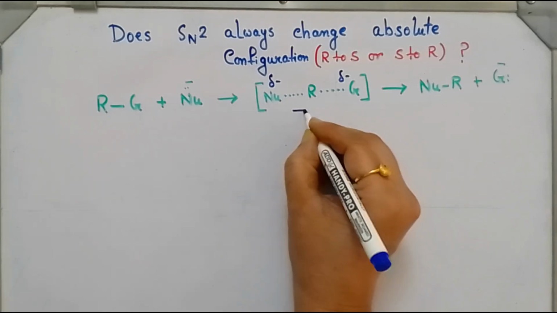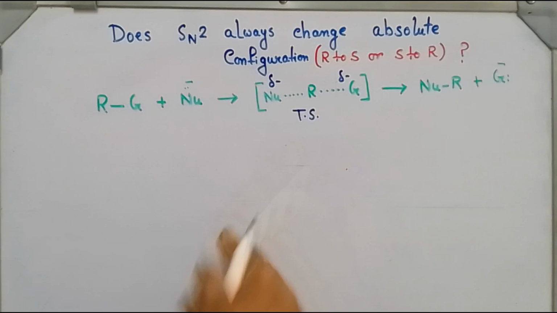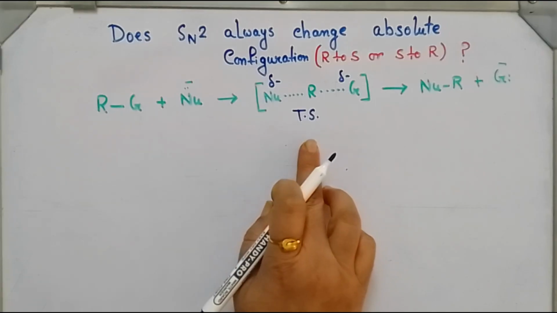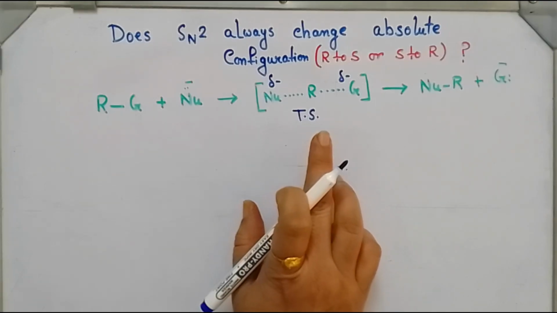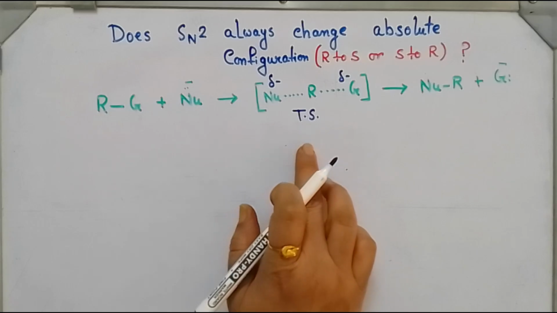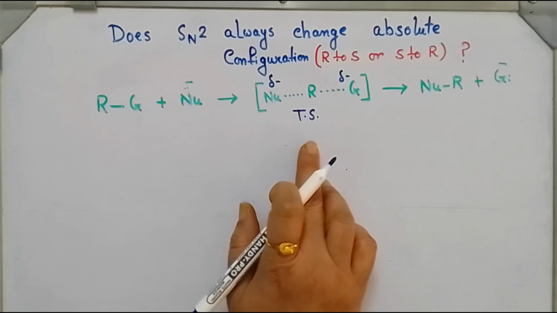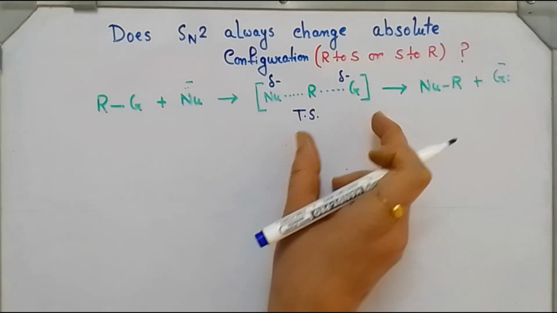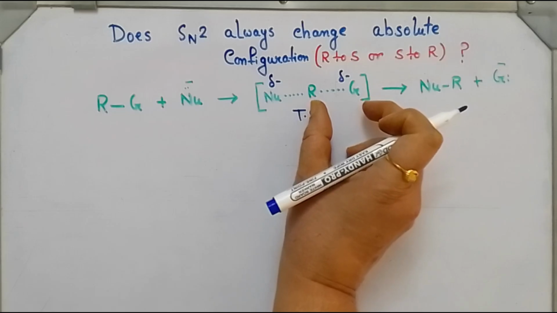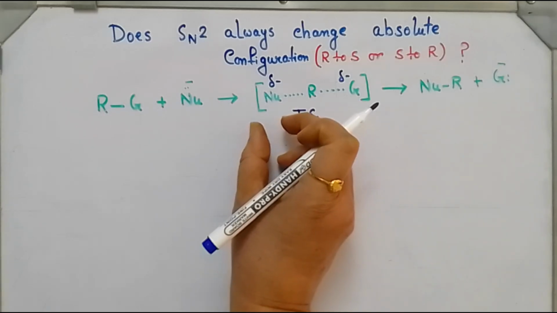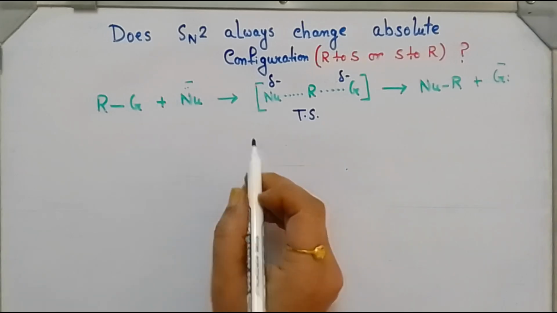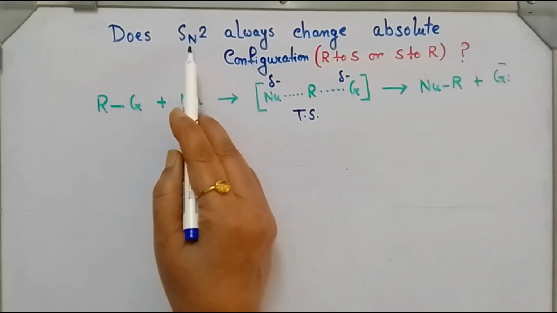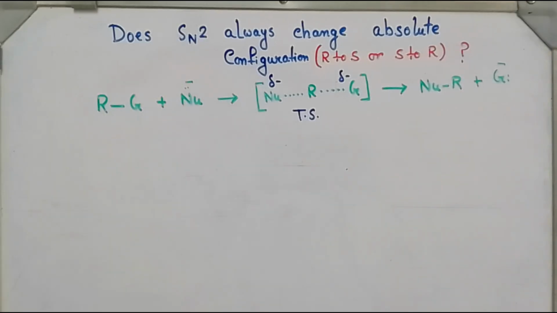This is the transition state. The transition state of a single step nucleophilic substitution reaction on sp3 carbon involves two species: one is this substrate RX and another is the incoming nucleophile. That's why this is substitution nucleophilic bimolecular.